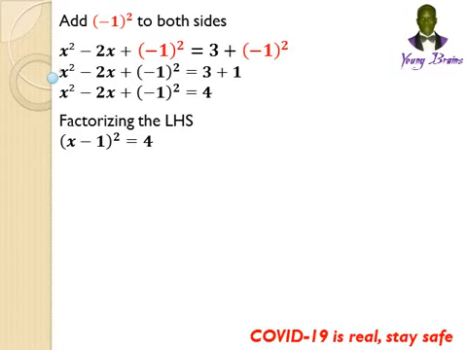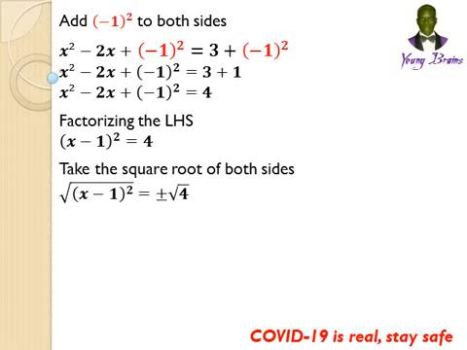To remove the square sign, we take the square root of both sides, and this gives us square root of x minus 1 squared equals plus or minus square root of 4. This gives x minus 1 equals plus or minus 2.